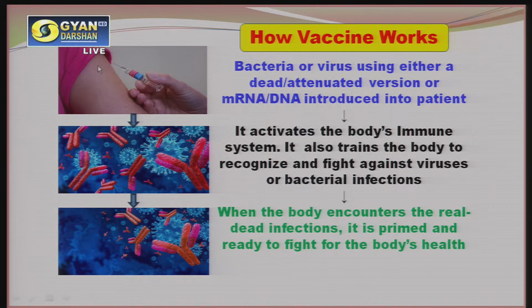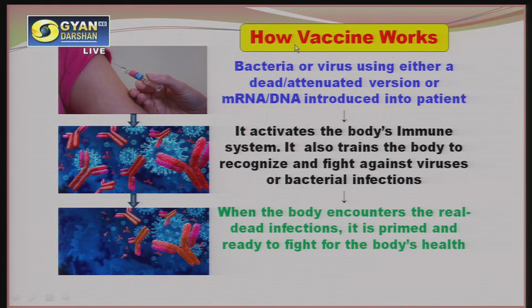You can see here the antibodies are able to recognize the viruses, and ultimately they can clear the particular infection. So when the body encounters the real infection, it is primed and ready to fight for the body's health.